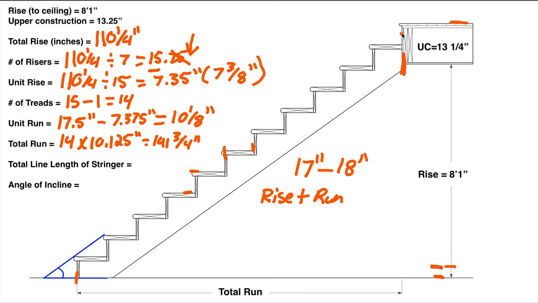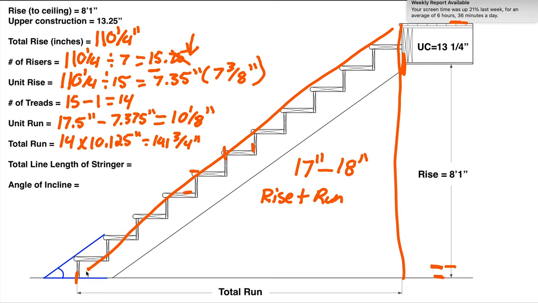We have our big unit triangle. We have our total rise and our total run. We can do that. If we were to do a huge triangle from the ground to the top, what we would end up with is a triangle that looks like this. It would go like this, and it actually would come down to here. And so it would actually not be the correct length of the stringer.